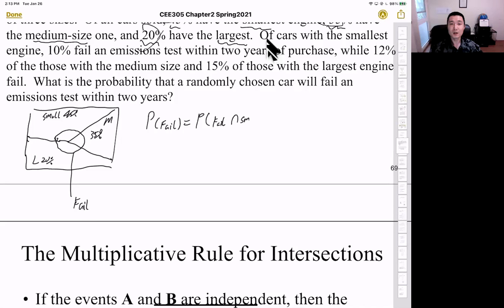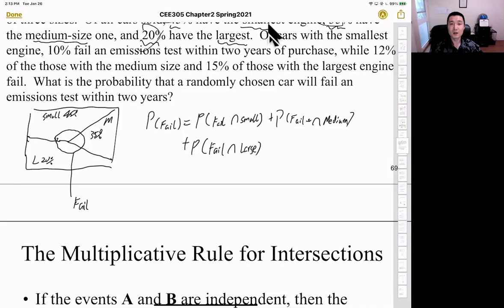when the engine size is small. Plus probability engine fail and engine size is medium. Plus the probability the engine fail when the engine size is large.